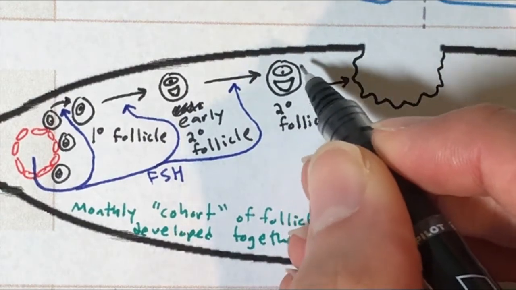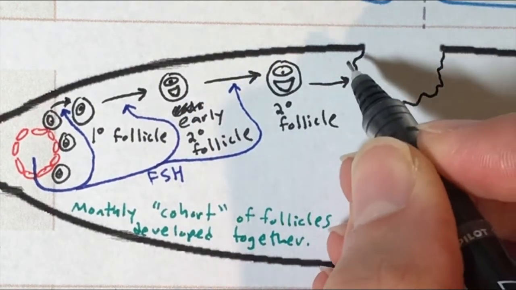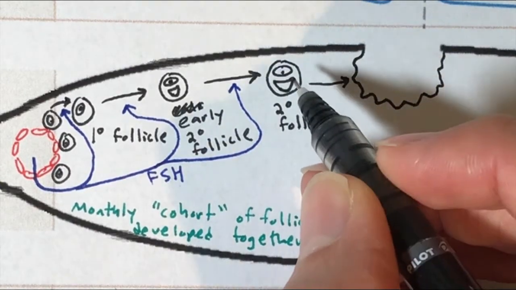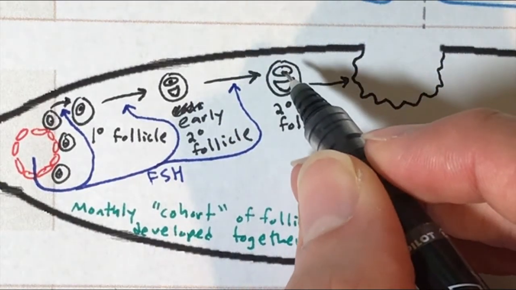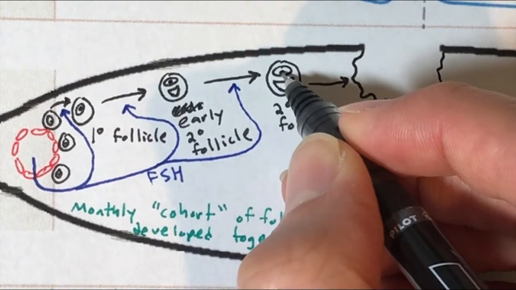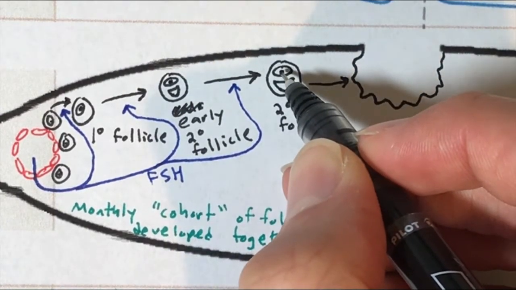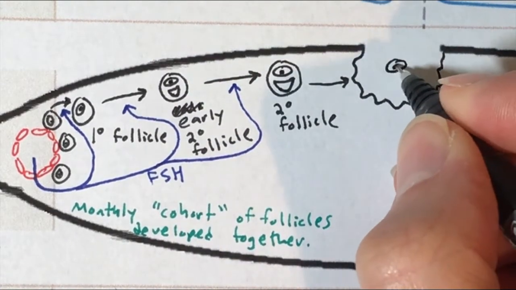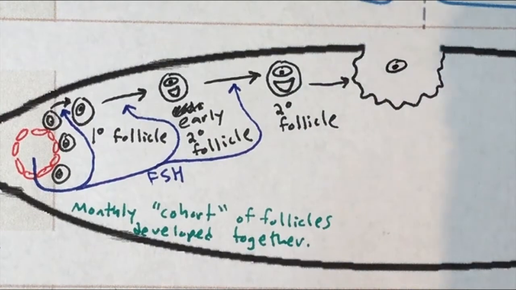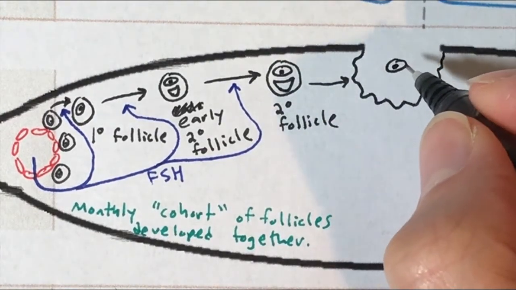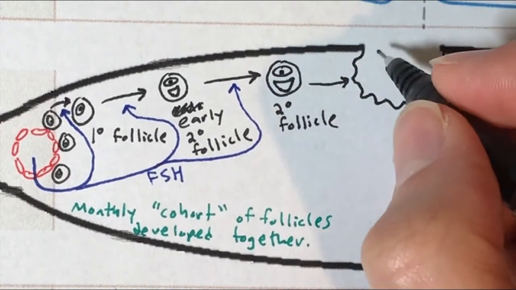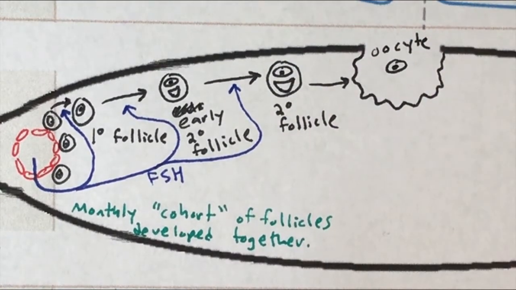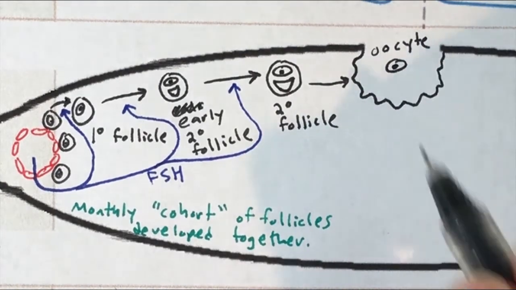So this one right there now becomes this as it fuses to the wall of the ovary. And then the contents inside the follicle, like the egg here, here's the egg with the nucleus right in the middle. That egg is ovulated, being released from the ovary. And sometimes we give the egg the name oocyte. Oocyte is just another name for egg.